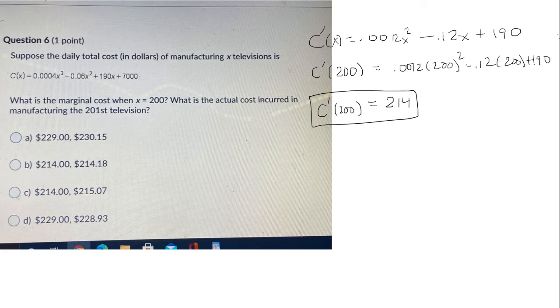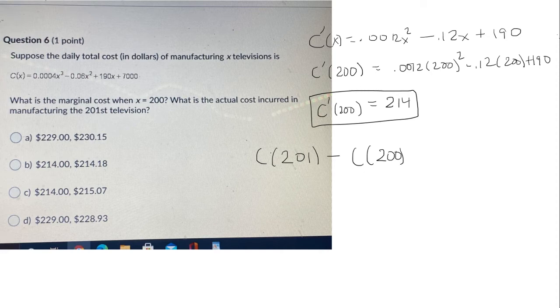Now the second part, we want to find the actual cost incurred in manufacturing the 201st television. You can think of the actual cost incurred as the change in cost going from 200 televisions to 201 televisions. So in other words, we're taking the cost for manufacturing 201 televisions and subtracting the cost of 200 televisions.